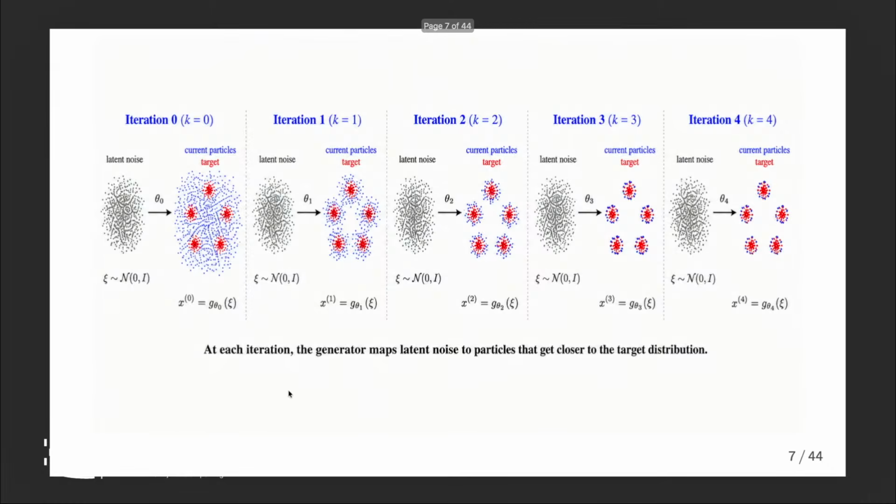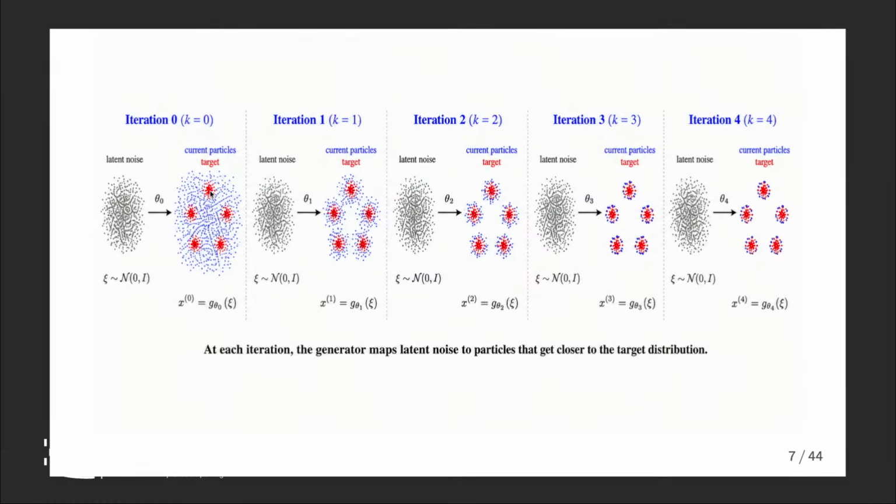So pictorially, you have the following visualization. At iteration 0, you initialize theta naught at random, and then you compute g theta naught, and you get x naught of psi. The blue points here are the current particles, and the red points here are the intended target that you wish to have, right?